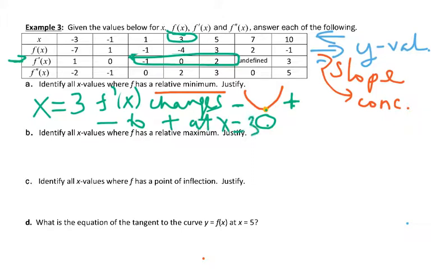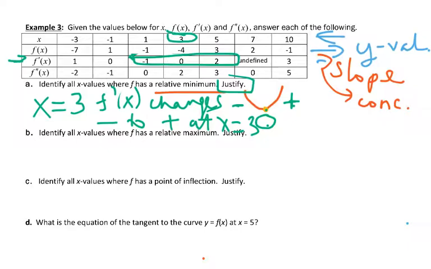That's the part where they ask you to justify. So you explain using f prime, instead of saying derivative or slope: f prime is changing from negative to positive. All right, let's look at the next one.